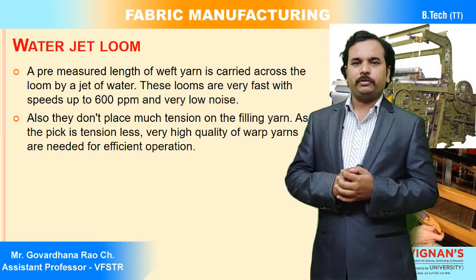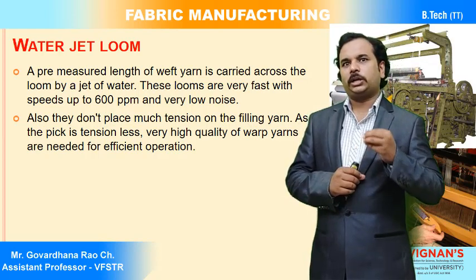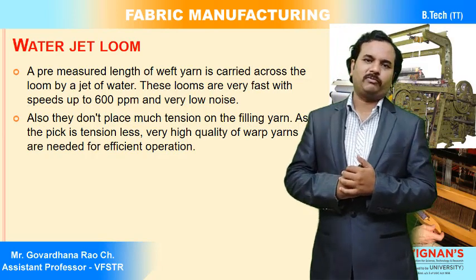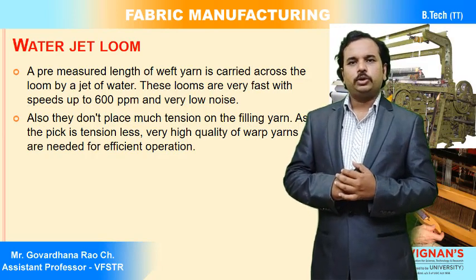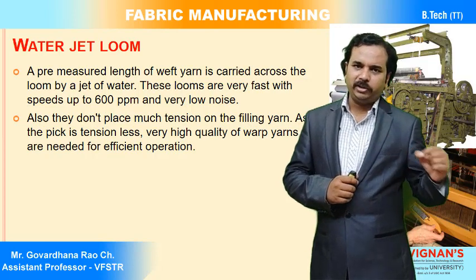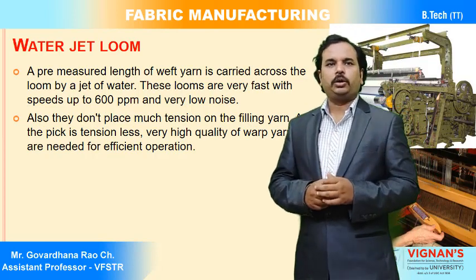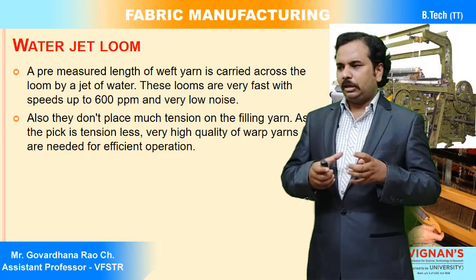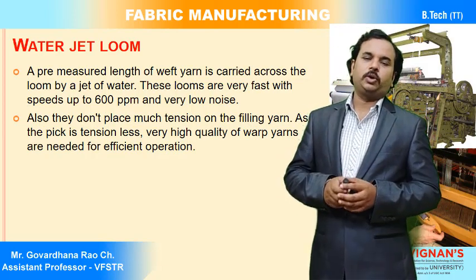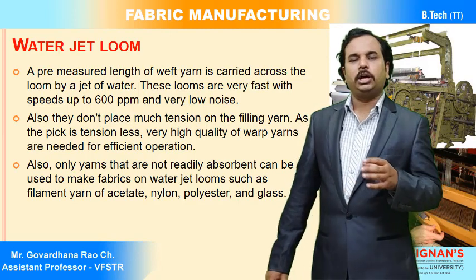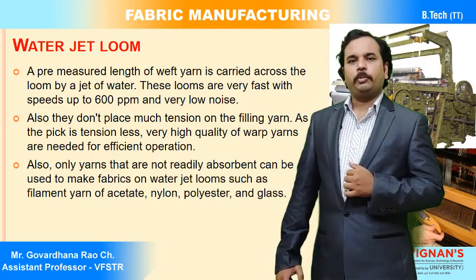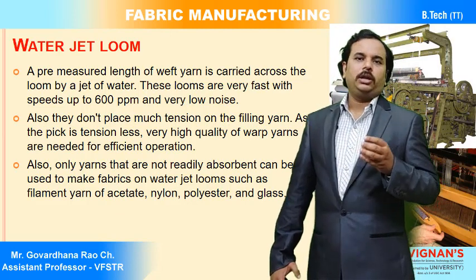By means of the water droplets or water pressure, it holds the weft yarn and transfers it from one side to the other, pulling the weft thread throughout the shed. Generally, water jet looms are preferred to produce synthetic yarns or man-made fibers, because if you use cotton, what will happen?